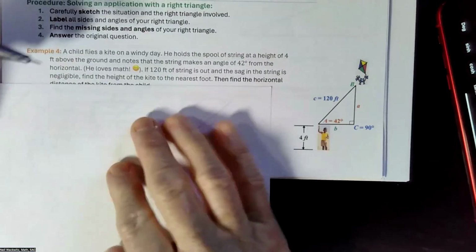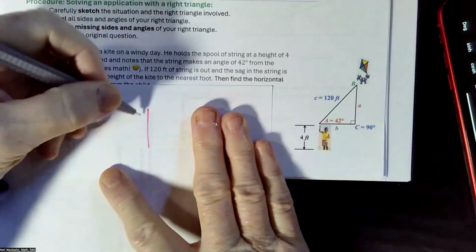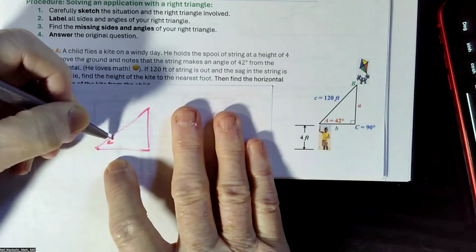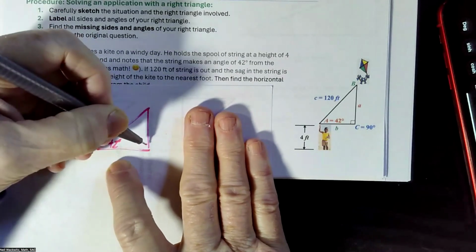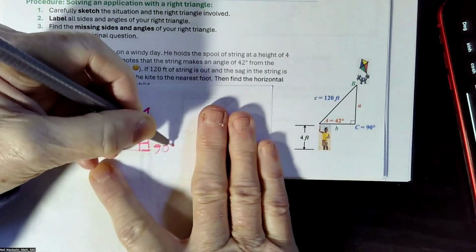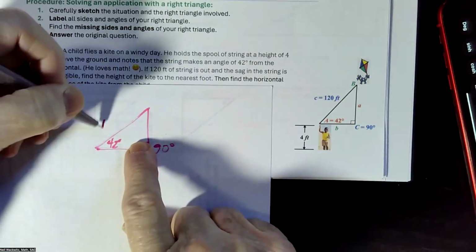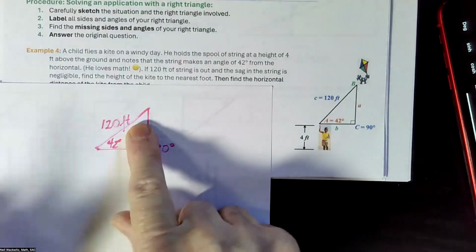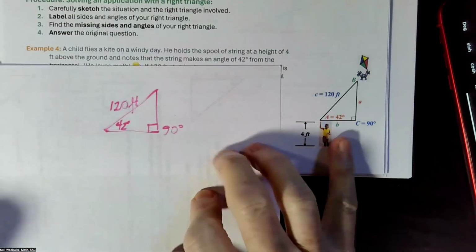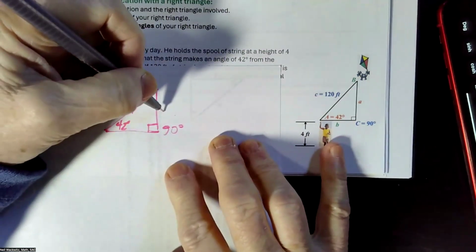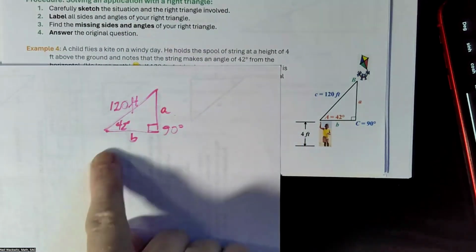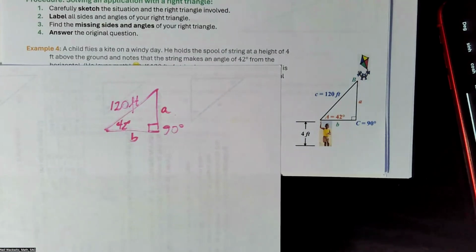So I've got a triangle: 42 degrees, 90 degrees, 120 feet. We can find angle B easily. How do we find angle B easily?